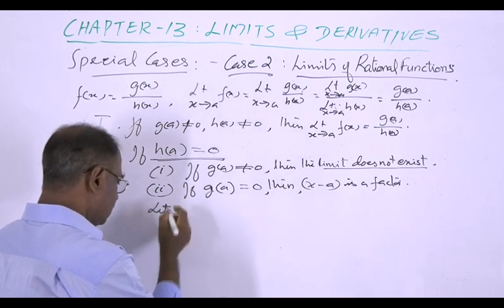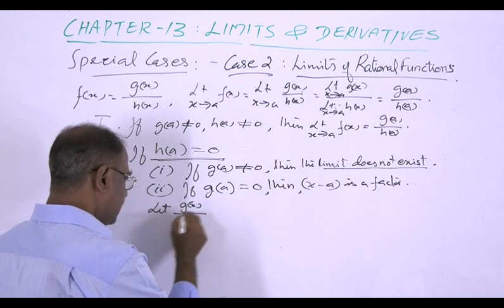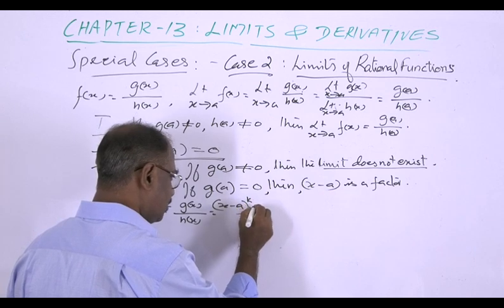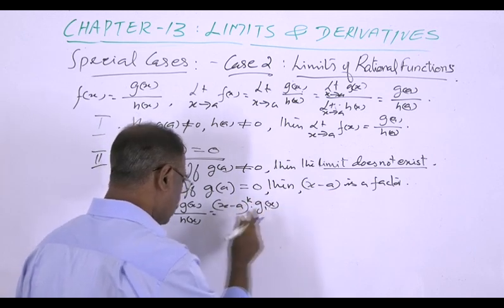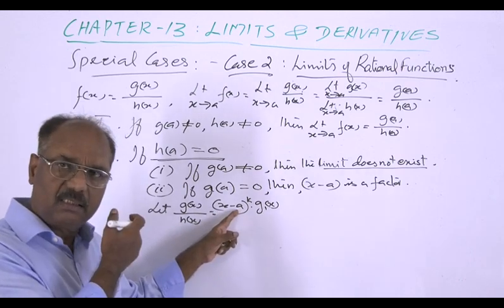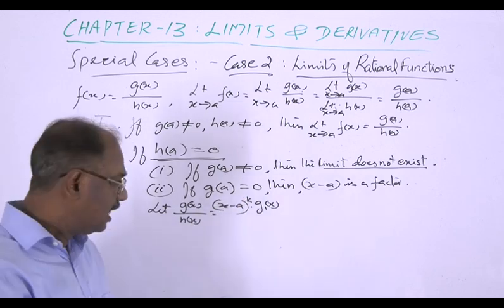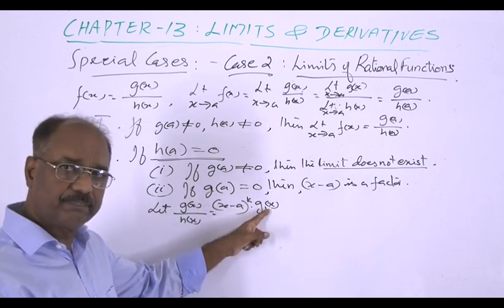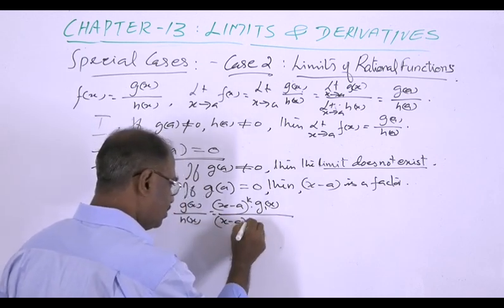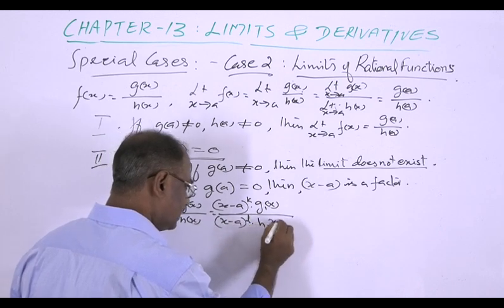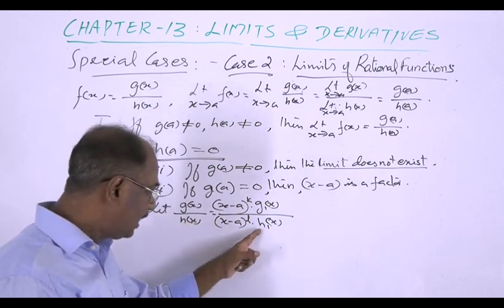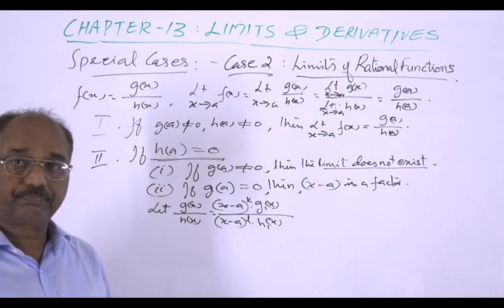Then let g(x) by h(x) equal x minus a all raised to k into some g1(x), all the factors of g(x) of the form x minus a separated, divided by, similarly for h(x), x minus a all raised to l into h1(x), the remaining part.